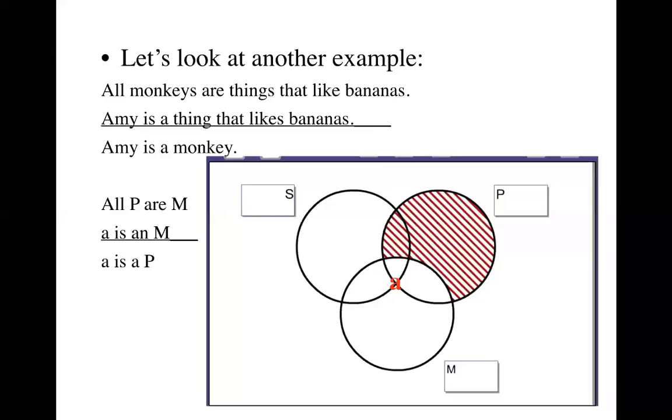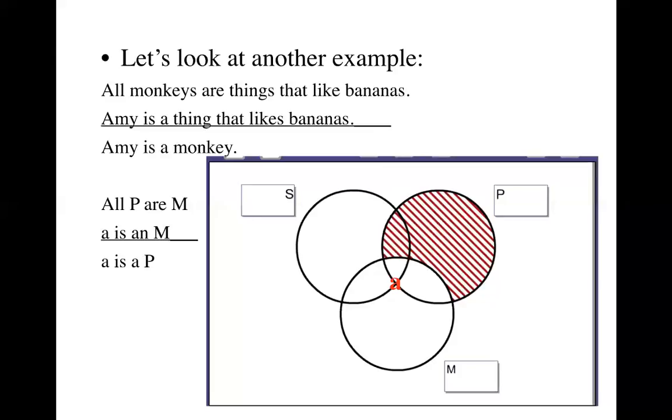And where we put it is going to say different things about it. If we put it in the intersection of the P and M circles, in the part that's outside of the S circle, then it would say that A is an M, and it's a P, and it's not an S. We don't know that.